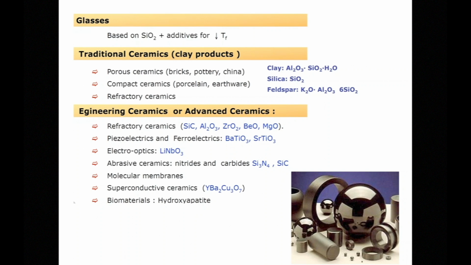These are usually mineral raw materials or mined, and that will include sand, clay, feldspar, etc. Clay by itself has many branches or many classifications based on the aluminosilicate composition.